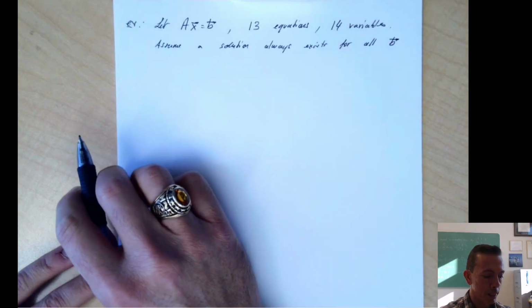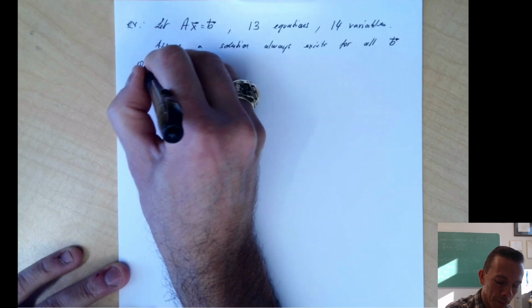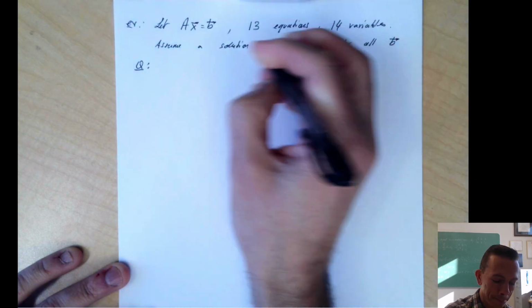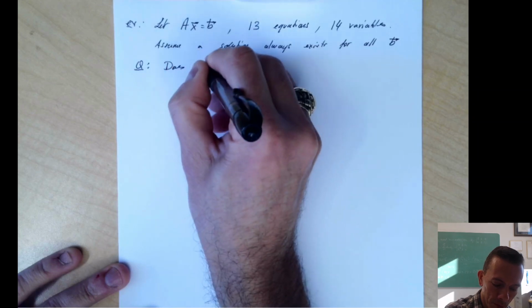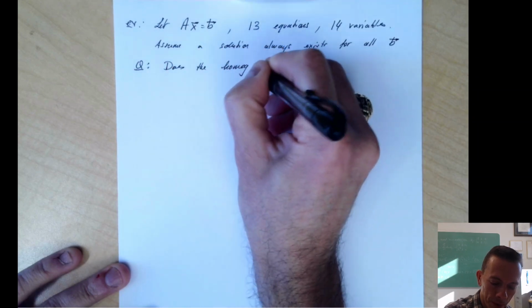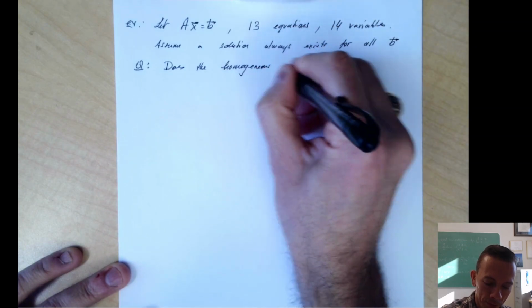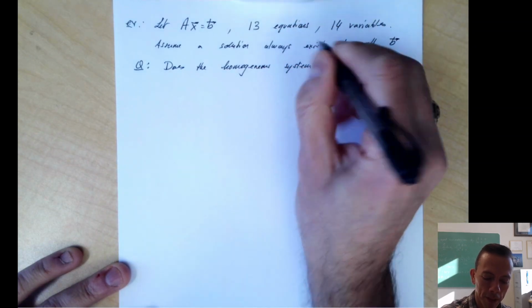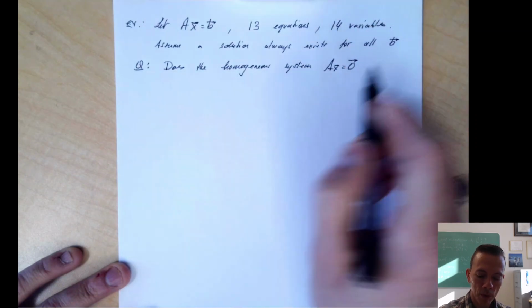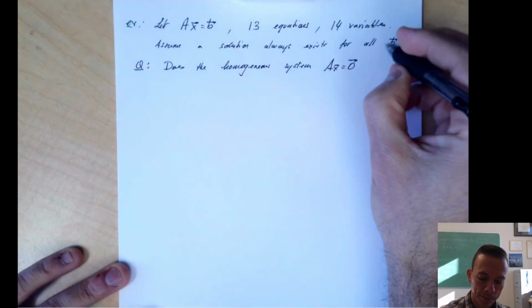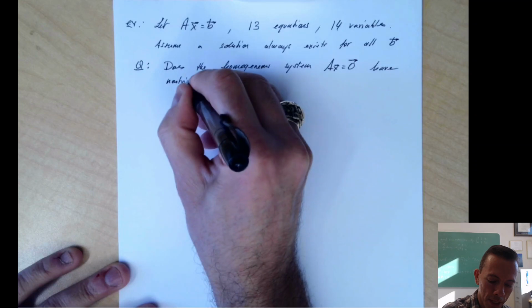For all vectors b. And so the question that we may want to ask here is, if we replace this vector b by a zero vector, which makes it a homogeneous system, AX equals 0 for the same matrix A, does this have non-trivial solutions?